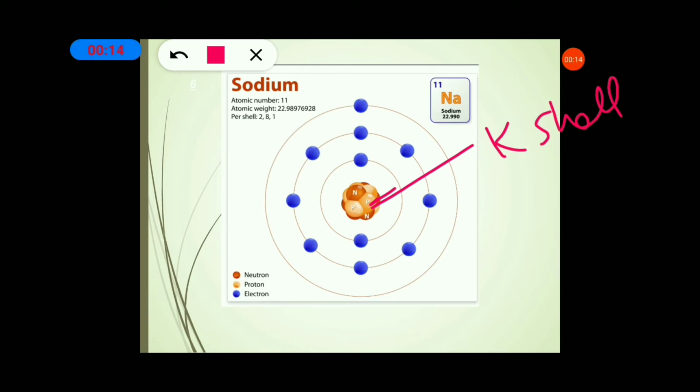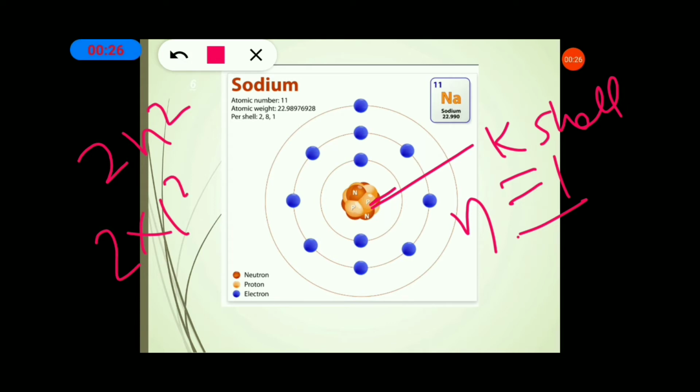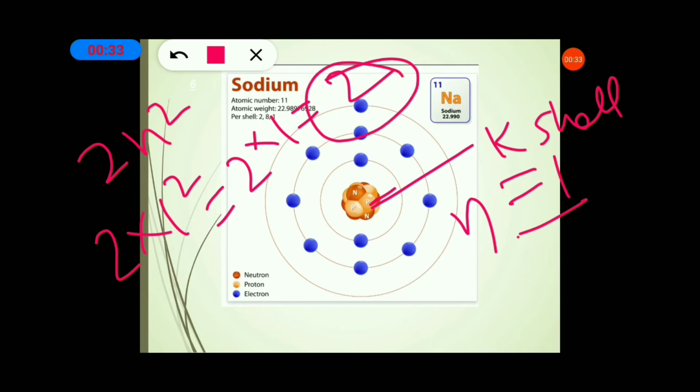Since it is the first shell, in the formula 2n square we write n equal to 1. 2 into 1 square, 1 square means 1, 2 ones are 2. So in the K shell, 2 electrons will be filled.